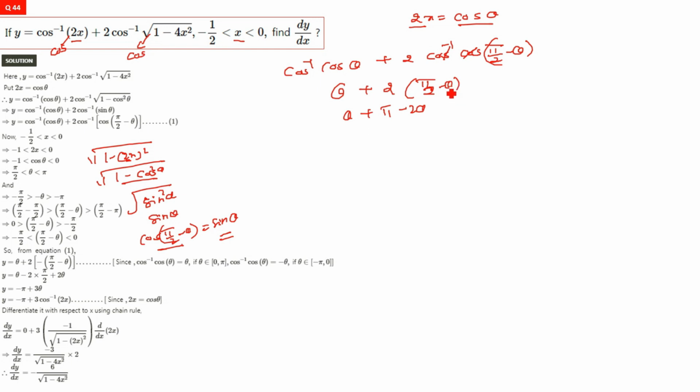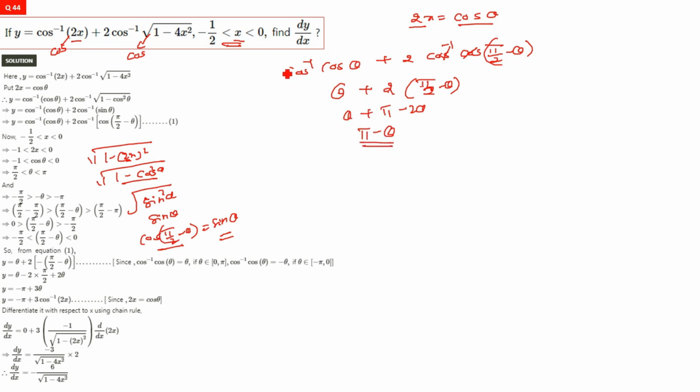Pi minus theta came, we checked for the range, that is minus half to 0 in this case. In the earlier cases also we checked. But here we are going out of bounds. You'll just see now. So pi minus theta will come. That we have to differentiate.